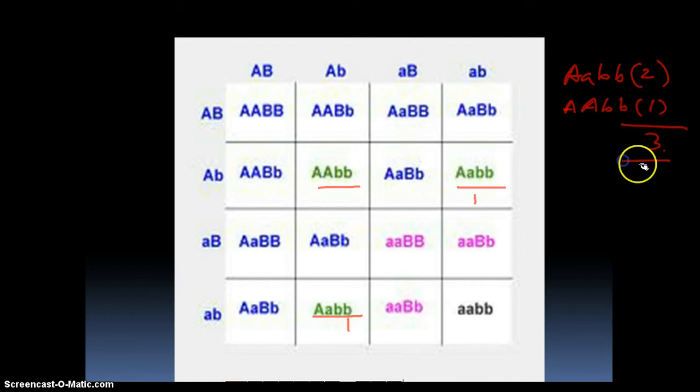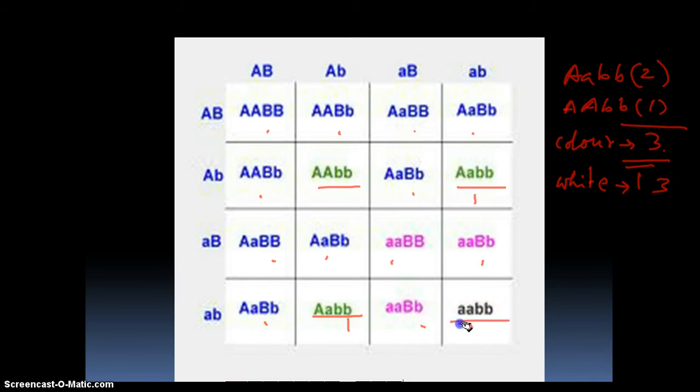Overall these 3 will produce color, and the rest of the genotypes, that is these 13, will be white. All these 13 genotypes will produce white color.